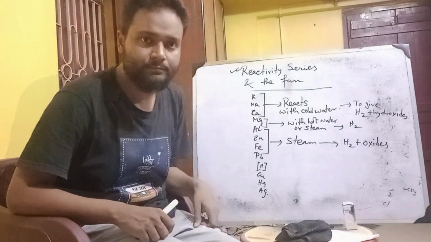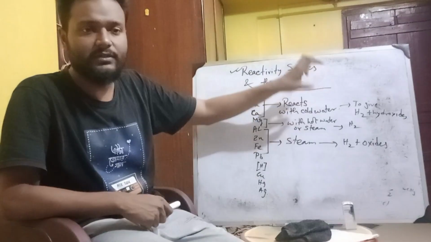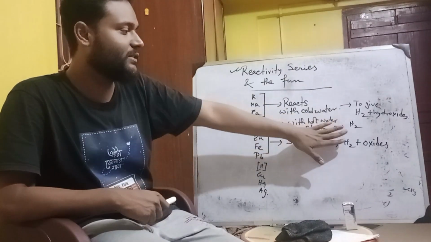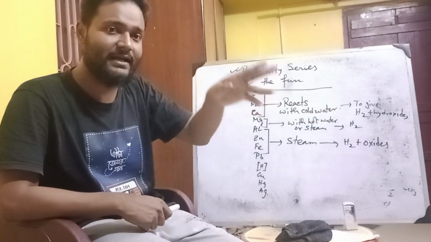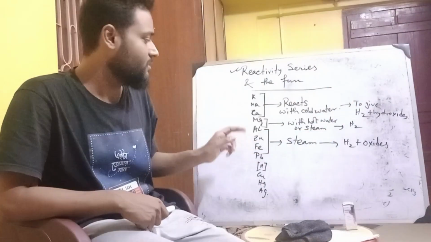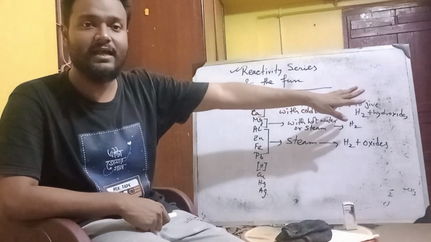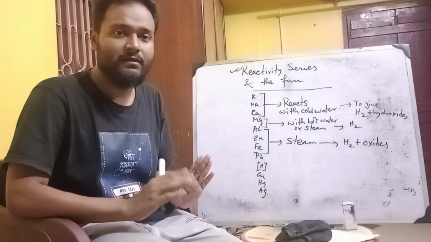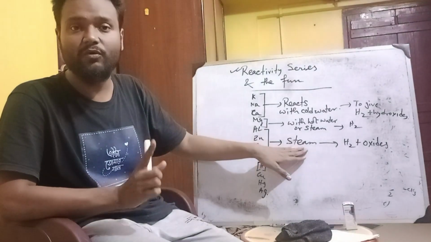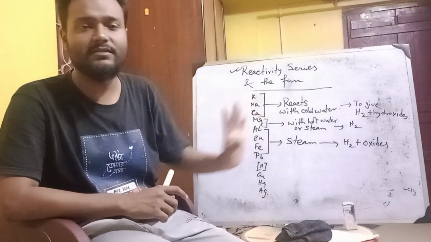So these metals react with cold water. Magnesium reacts with hot water or steam. When magnesium reacts with hot water, that will give hydrogen plus hydroxide. When magnesium reacts with steam, it will give hydrogen and oxide. These metals will react with steam only, not hot water, not cold water. So that will give hydrogen plus oxide.